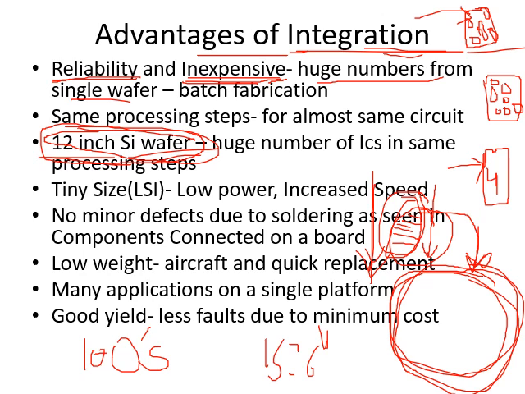With the same cost. Suppose somebody says I'll take a silicon wafer of only 3 inch, the next person says I'll take a silicon wafer of 8 inch, and the third person says I'll take a silicon wafer of 12 inch, right? Then the person manufacturing ICs using 12 inch will be at an advantage.